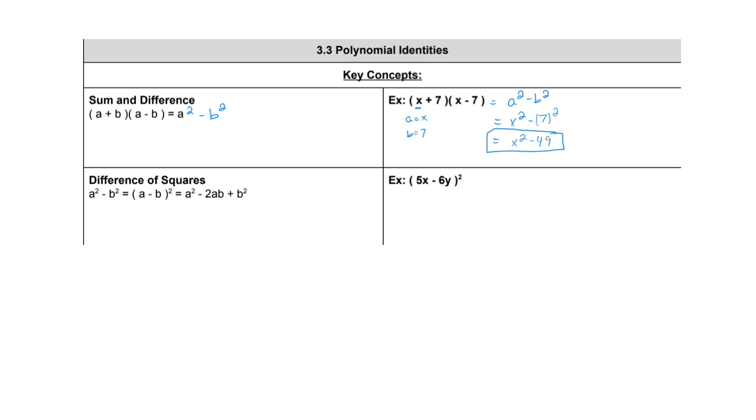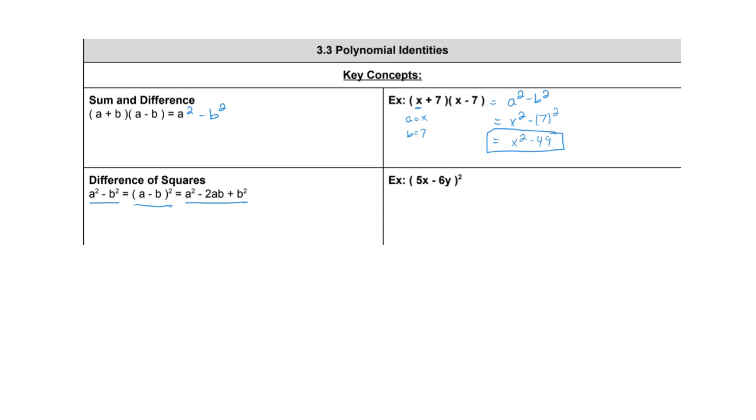The next one is difference of squares. Right? So if we have a minus b squared, it comes out to a squared minus 2ab plus b squared.